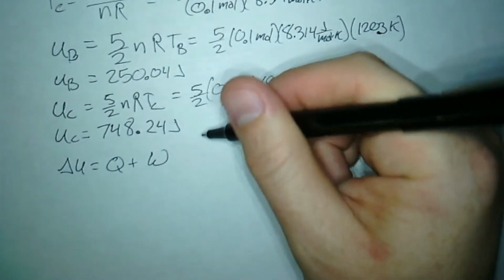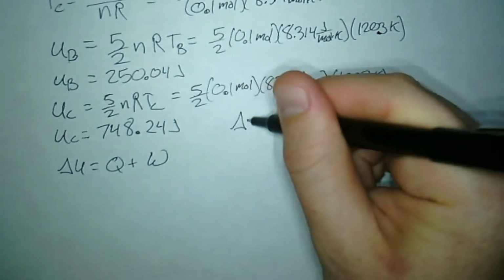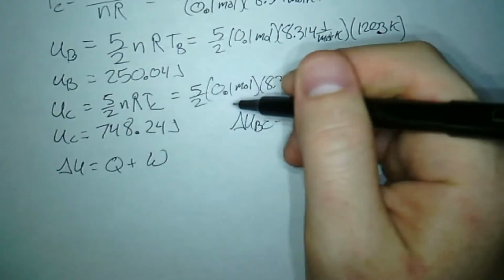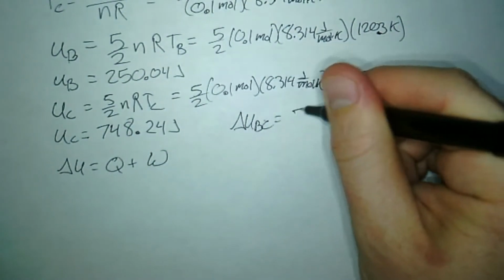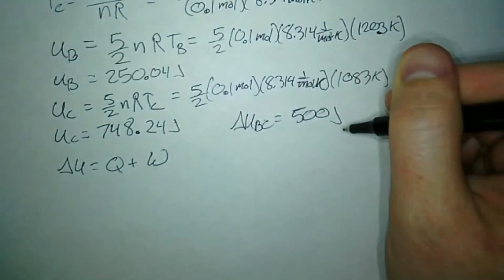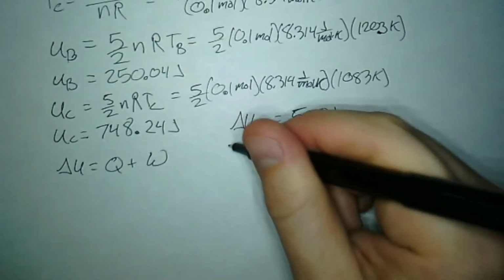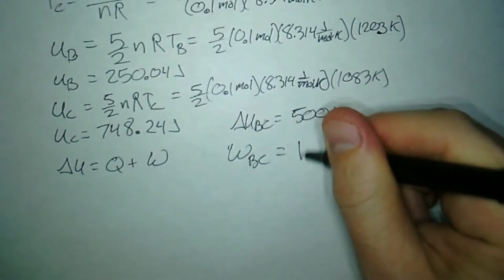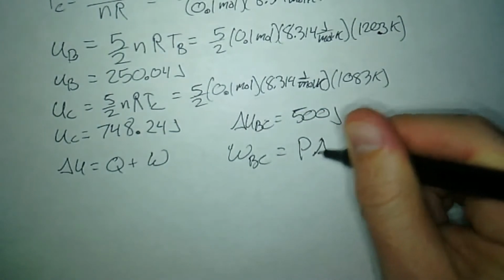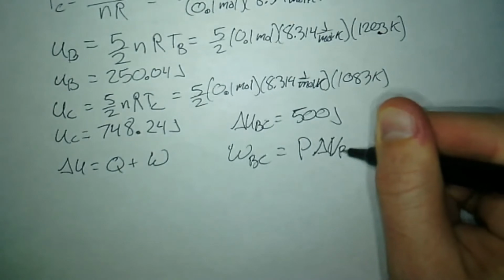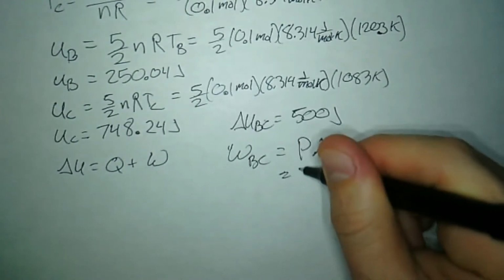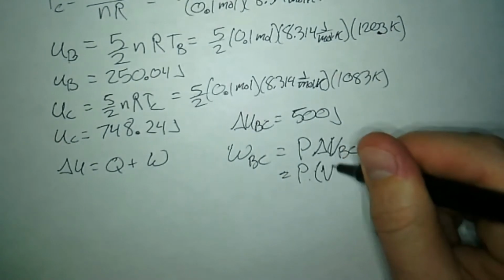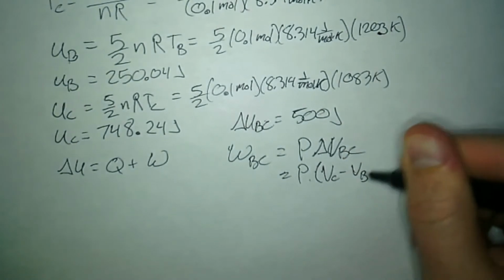I'm just going to round it and say delta U_BC is going to be 500, just ballpark. And I can say the work done from B to C is going to be pressure times the change in volume from B to C, or pressure times final V_C minus V_B.